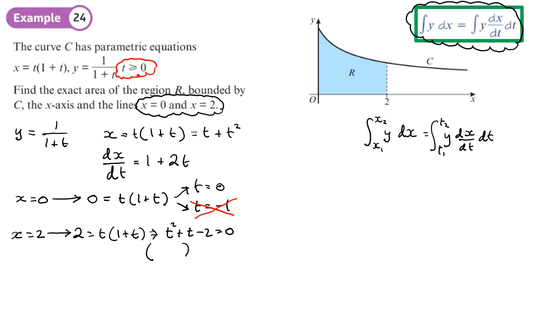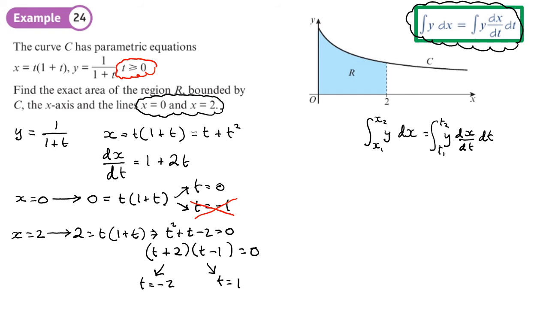Now I think we can factorize that, (t )(t ), and I think we're going to have plus 2, minus 1, equals 0. So we're either going to get t is -2 or t is 1.